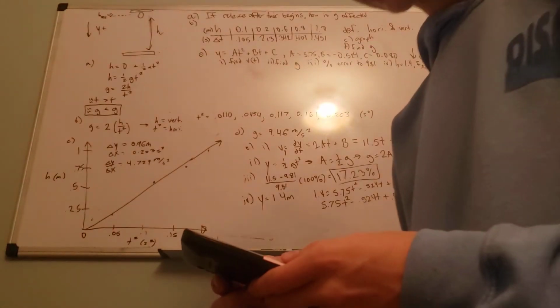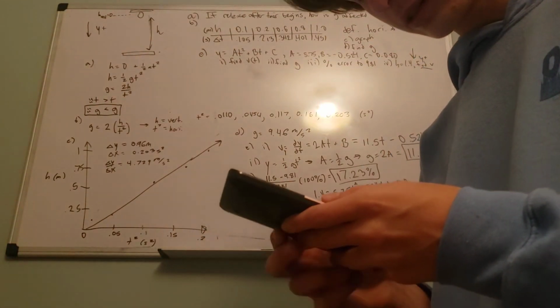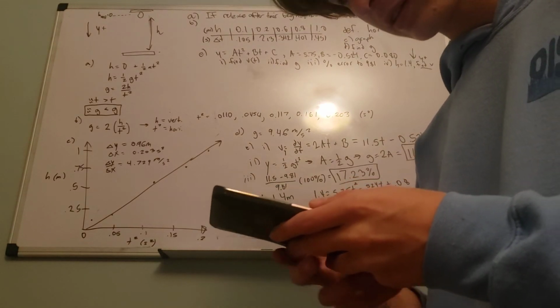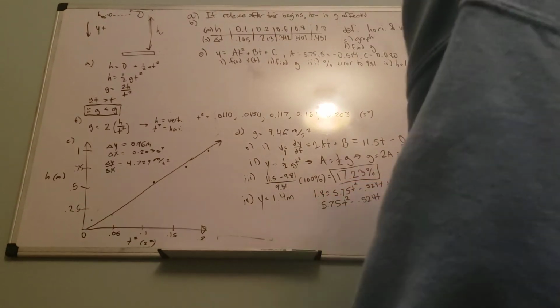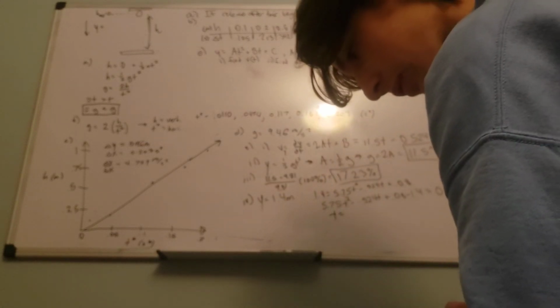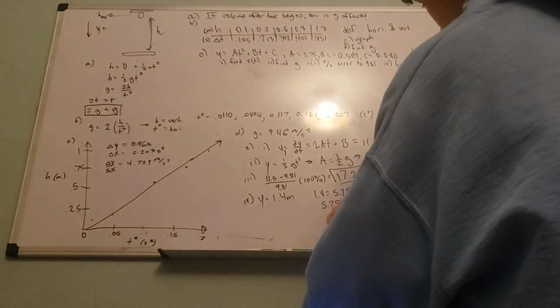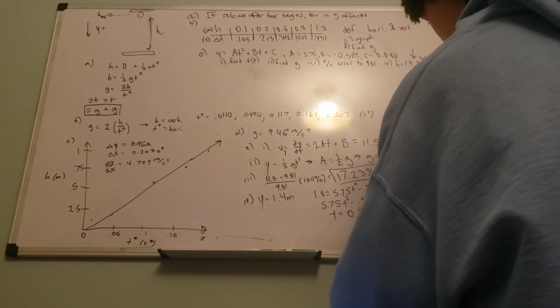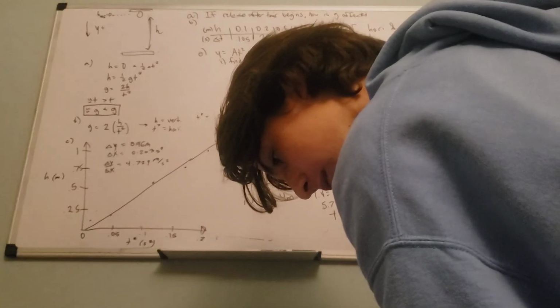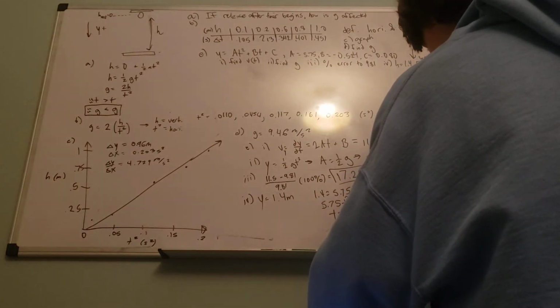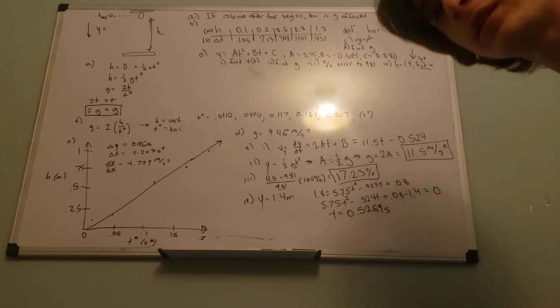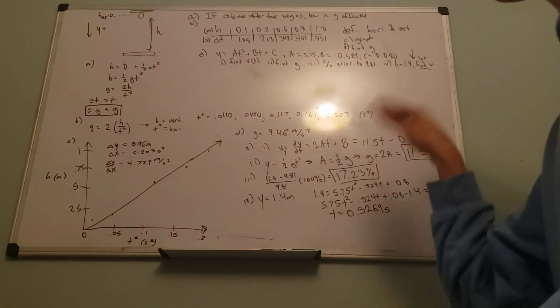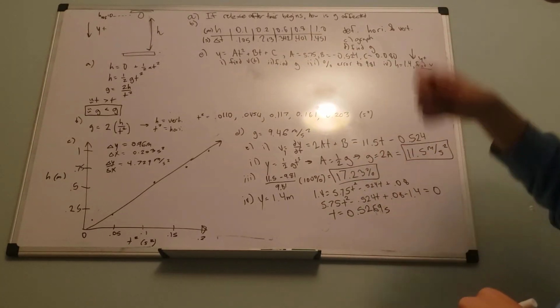I don't know, but anyway, it looks like that. And then I'm just going to use the function to find the zero with the given left bound and right bound. And I'm getting t equals 0.5269. Just increasing precision so that we make sure we're not rounding off once we calculate velocity based on time.